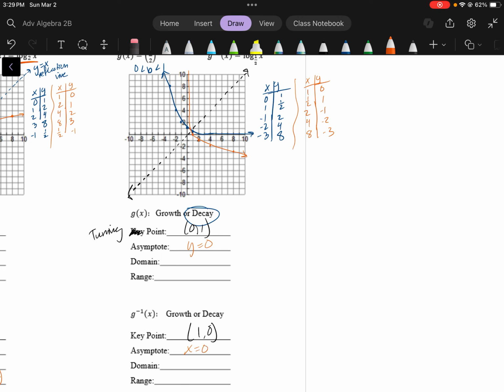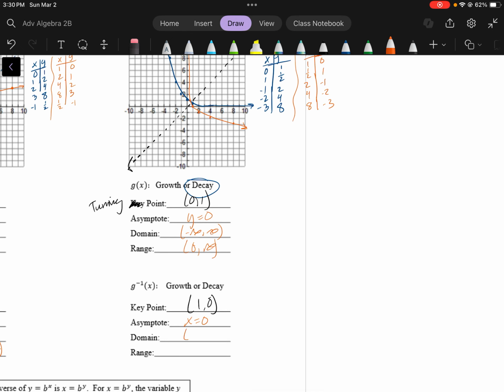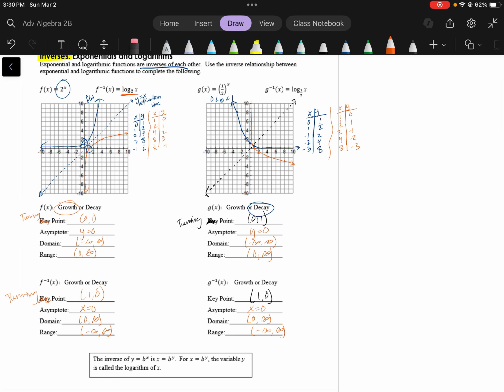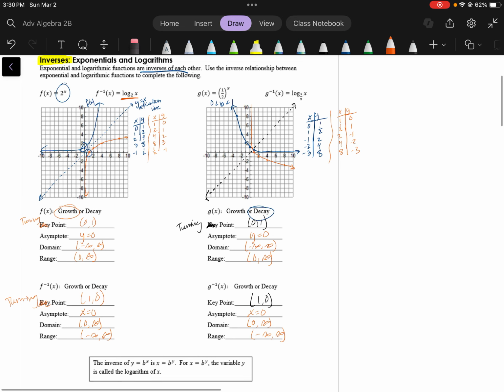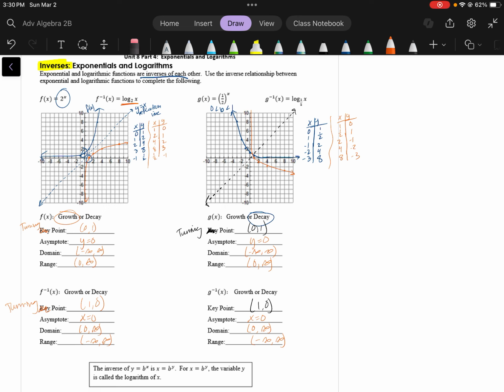And then the original domain was negative infinity to infinity, with the range being 0 to infinity, and then again those just flip-flop. So it's 0 to infinity for the new domain and negative infinity to infinity for the new range. Okay, so the main point is exponentials and logarithms are inverses. It reflects over the line y equals x, and you switch your x and your y, and you can go and graph it.